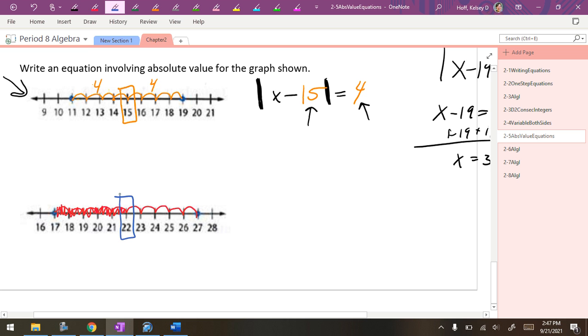Did you? The absolute value of x minus 22 is equal to 5.